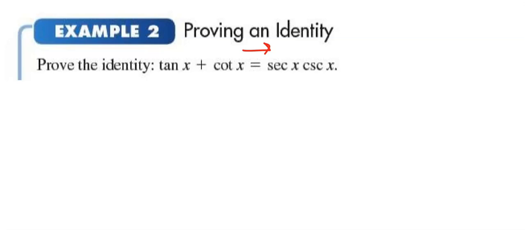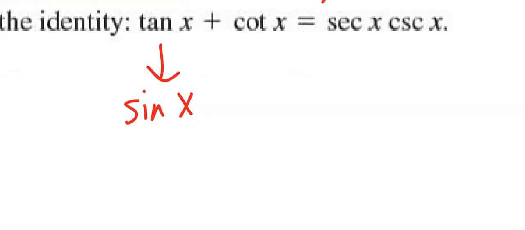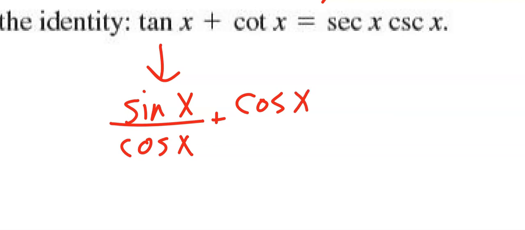Yes, you would be looking back at your notes, or on a test, you'd be looking at your formula sheet, and you'd be saying things to me like, oh yeah, let's replace that with sine over cosine. I need to zoom in. My fingers are just too big for this. Sine over cosine plus cosine over sine.